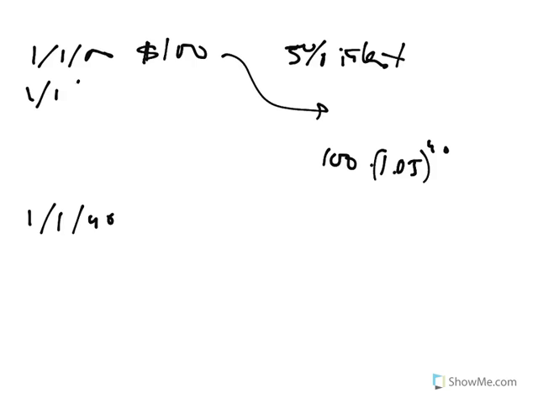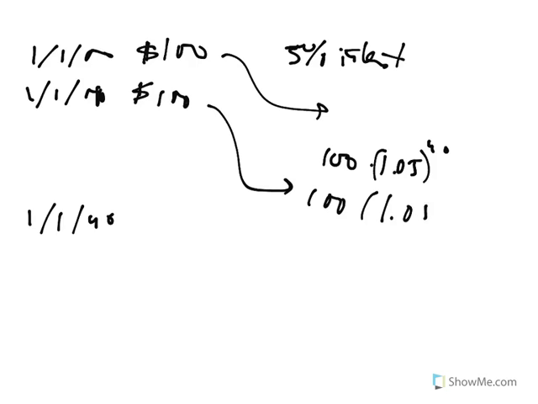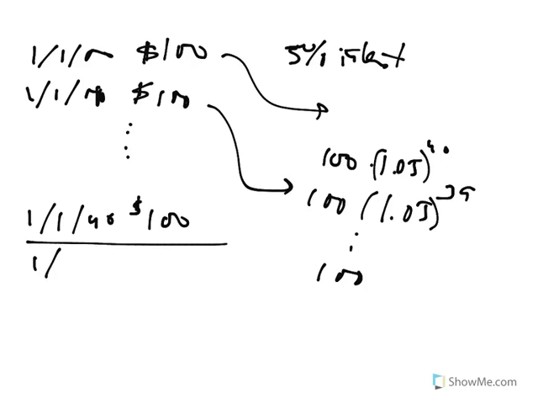And if I put another $100 in the bank in 2001, that money is going to be worth 100 times 1.05 to the 39th power by then. And if I do this every single year until 2040, that last money is just going to be worth $100, not going to get any interest. And I take out all the money on 1/1/2040.